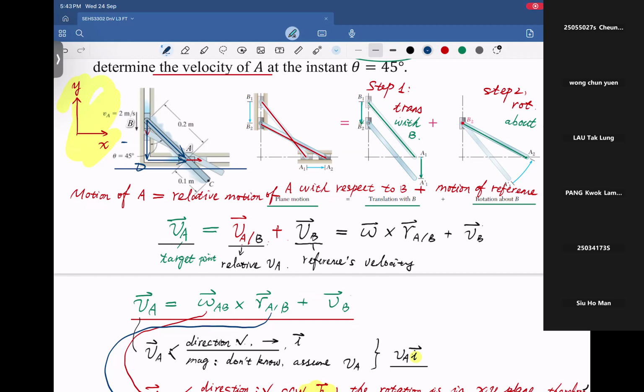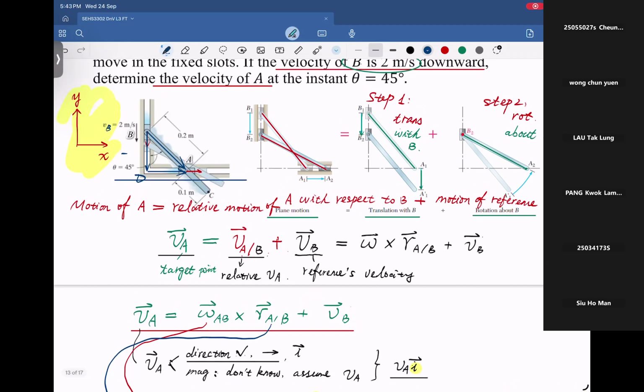BD is negative 0.2 times cosine 45 j, and DA is positive 0.2 times sine 45 i.